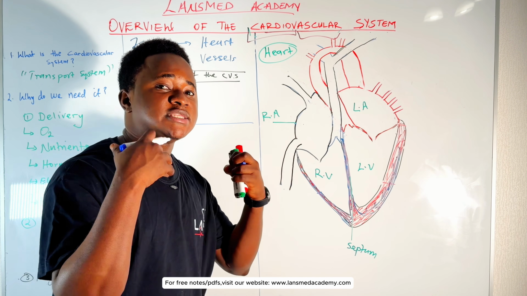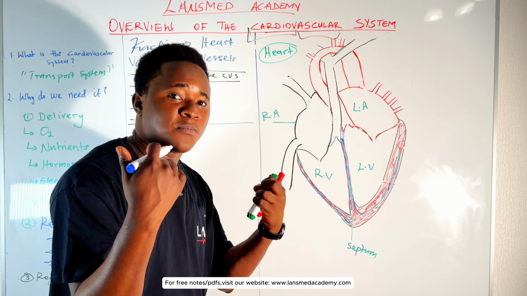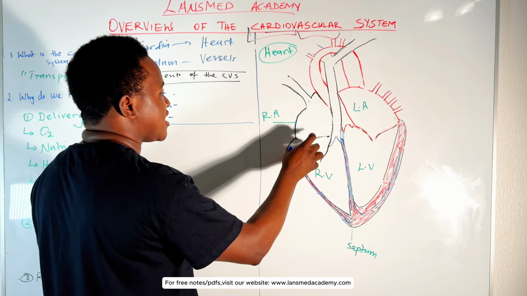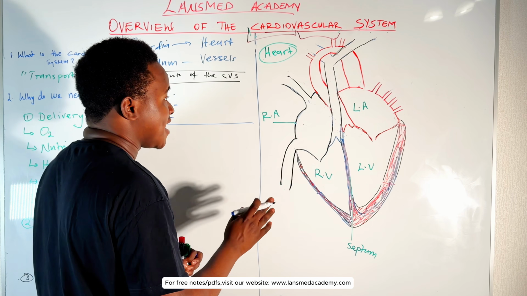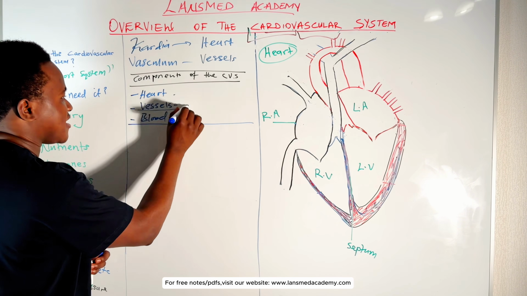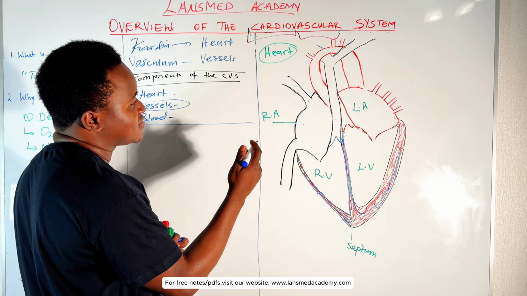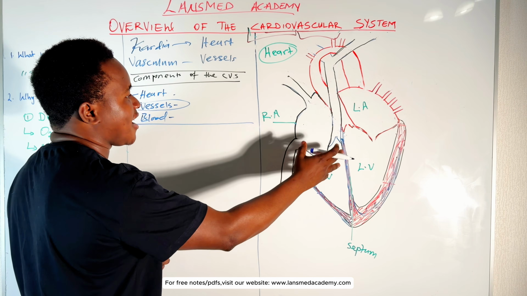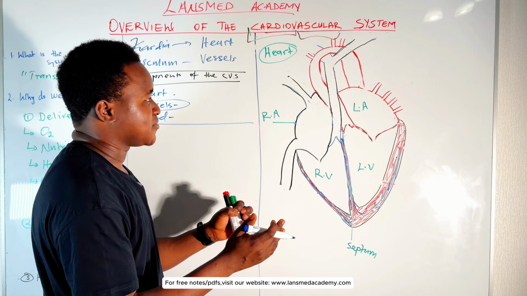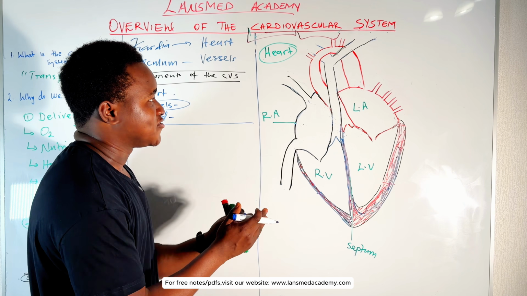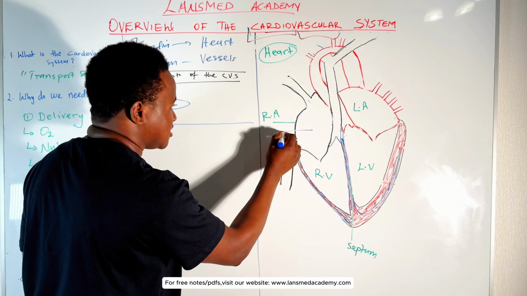So we call it deoxygenated blood. Now, it is entering the right atrium via these two very large vessels. Hence, cardiovascular system, right? Now we are seeing the connection between the heart and the vessels. So this is basically an integration system. All of them work together to provide a specific function.